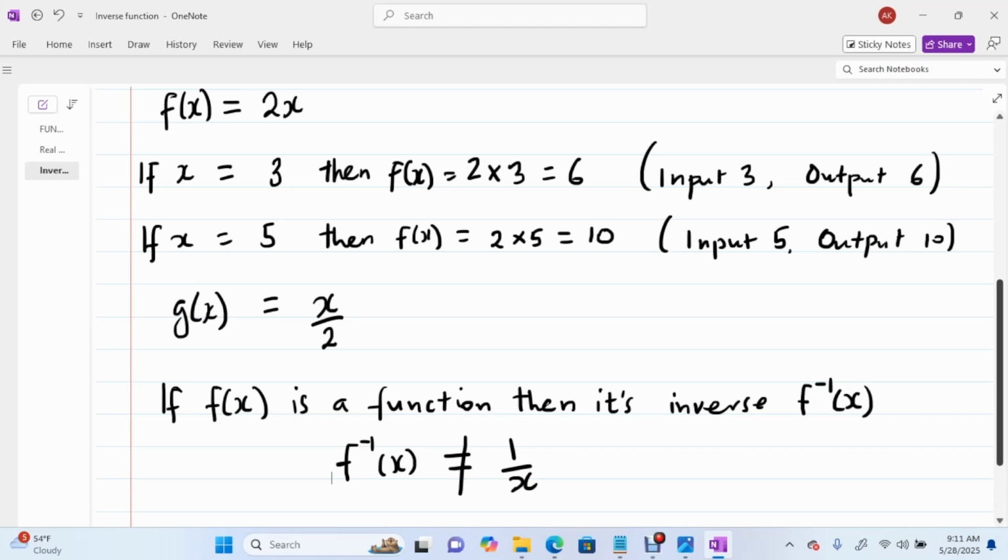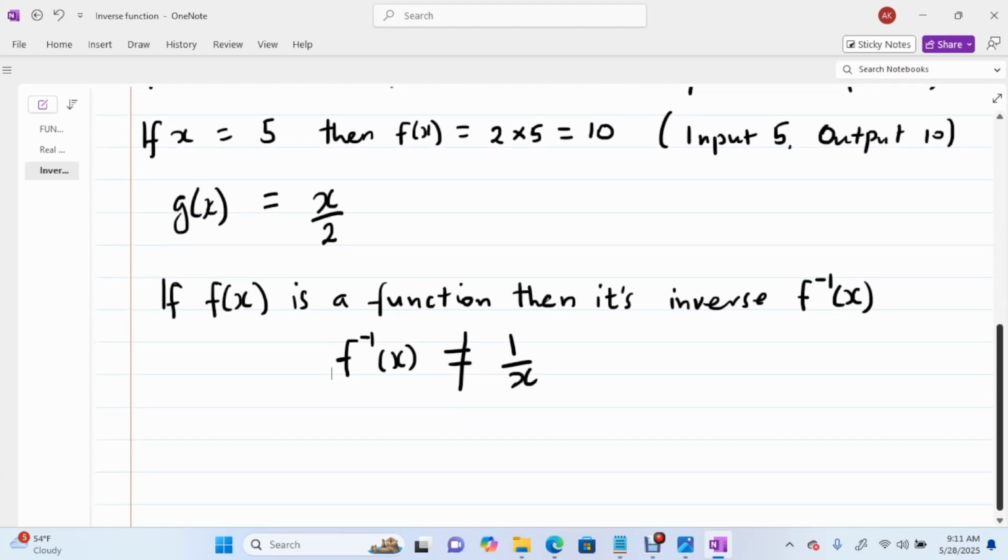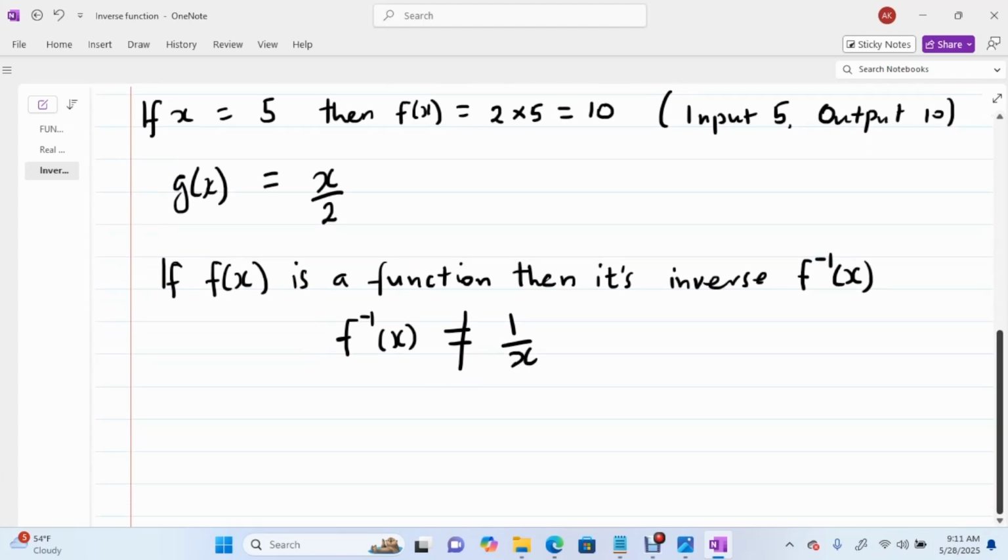So let's go back to our functions. We are going to now call g of x the inverse of f. So I would say g of x is the same as f inverse of x. All right.